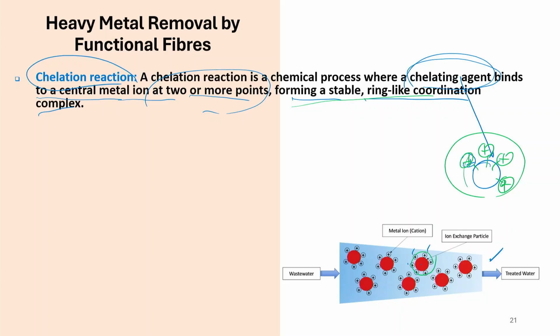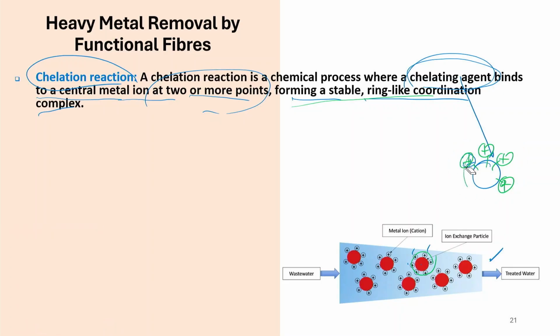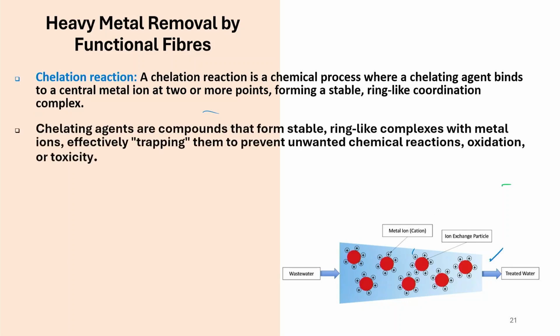Okay. So, these particles become larger, and this complex, they form a stable complex. So, chelating agents are compounds that form a stable ring like complex with metal ions.